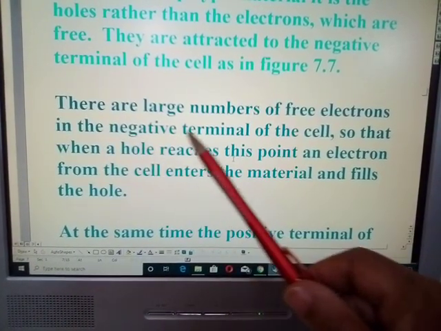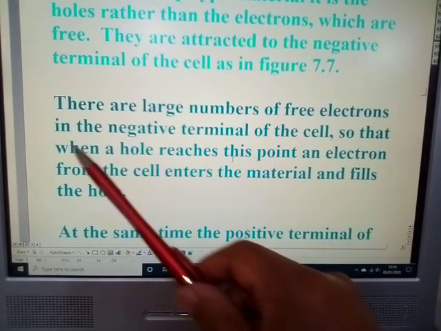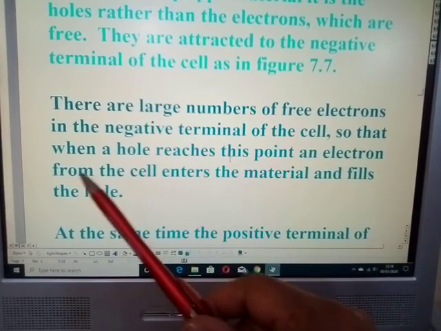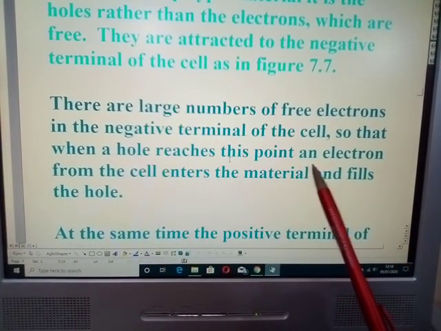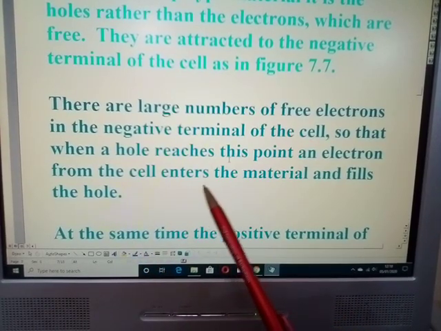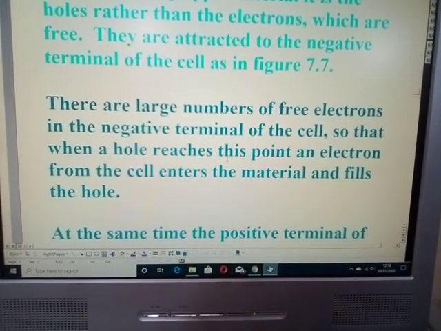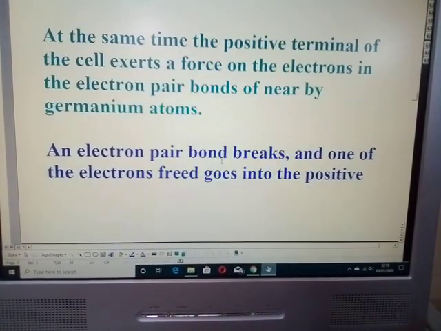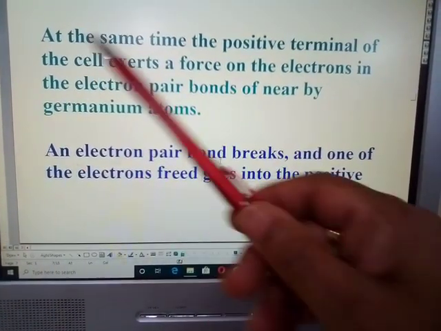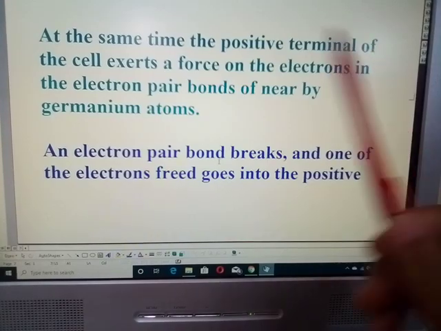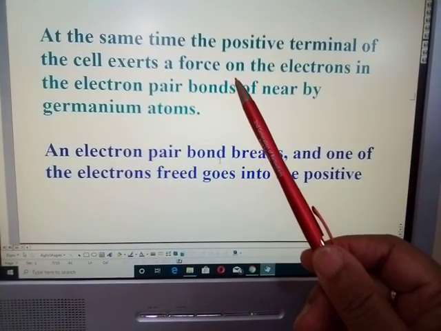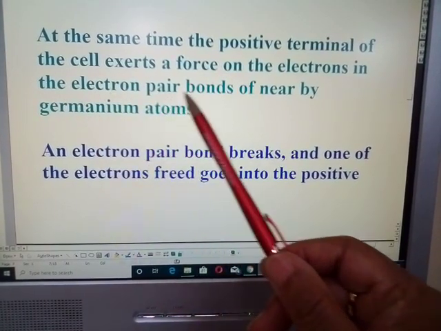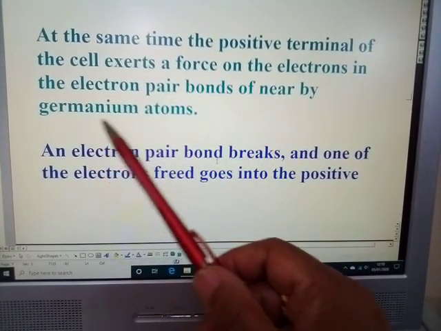There are large numbers of free electrons in the negative terminal of the cell, so that when a hole reaches this point, an electron from the cell enters the material and fills the hole. Now, at the same time, the positive terminal of the cell exerts a force on the electrons in the electron pair bonds of nearby germanium atoms.